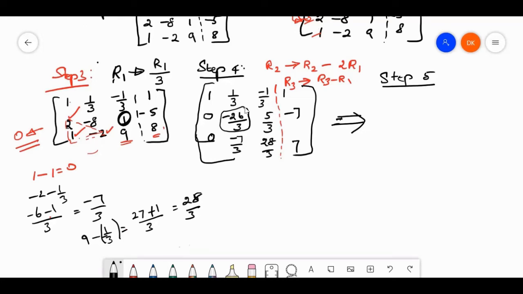Okay, so now I have to take this as a pivot point now, and so I am going to consider only this matrix. Okay, because I am leaving this first row and first column, because already I made these two elements 0 now. So then I can take only this matrix now, I consider here.